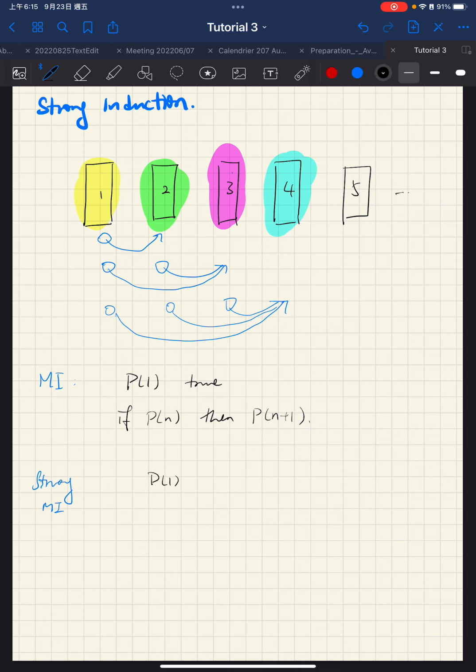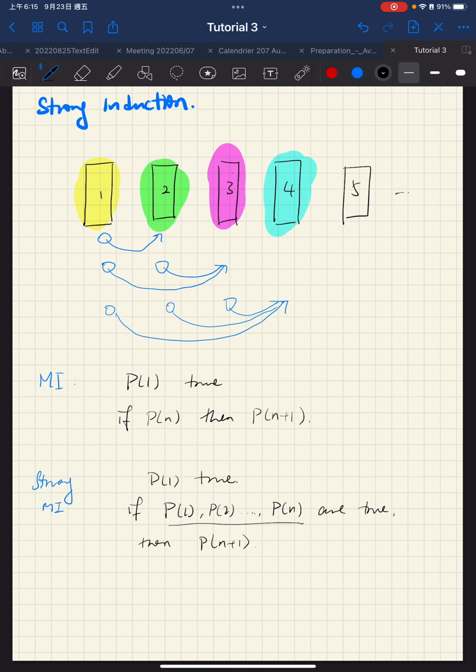We need to prove P1 is true, but at the same time, if all of P1, P2 until Pn are true, then so does Pn plus 1. So you can see that you require more here. You have more information. That's why it's called strong MI.